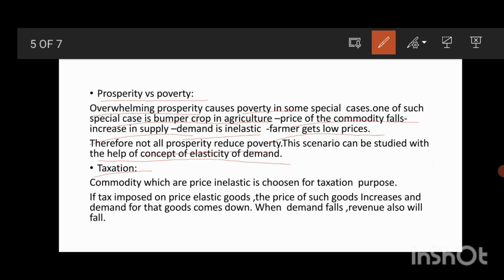Another area where we are using elasticity of demand is taxation. Commodities which are price inelastic are chosen for taxation purposes. If tax is imposed on price elastic goods, the prices of such goods increase and demand for those goods comes down.